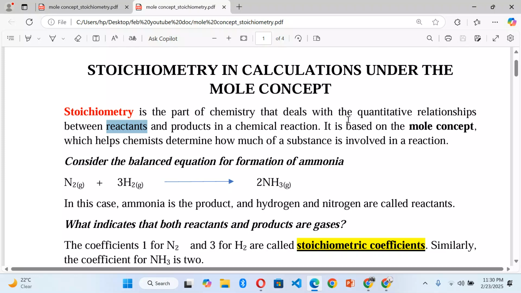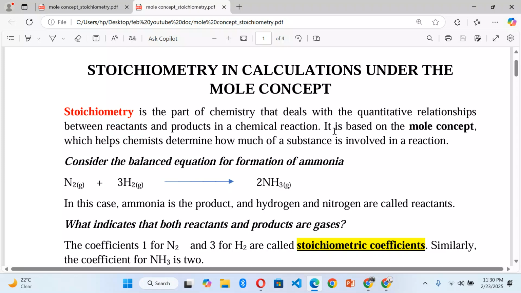When we talk about quantitative, we are looking at how much we have of the reactants and also the products in any given chemical reaction.